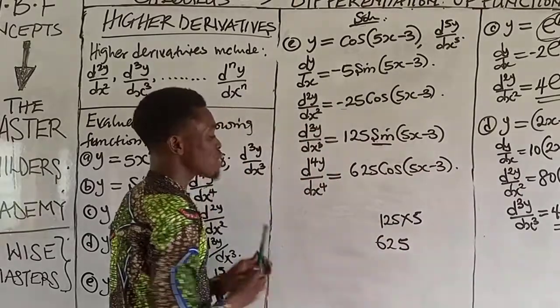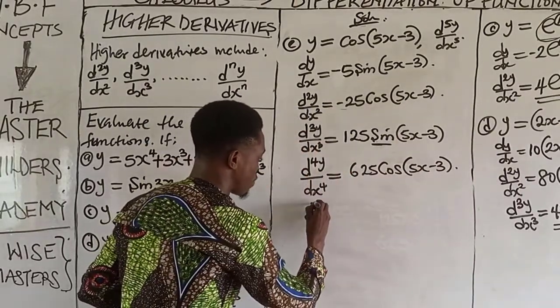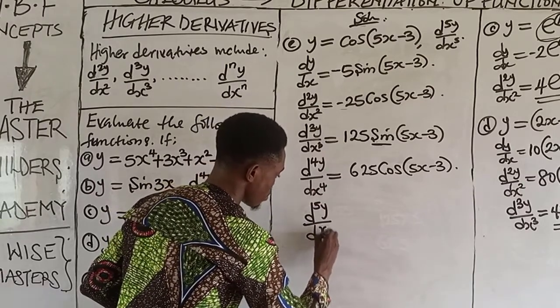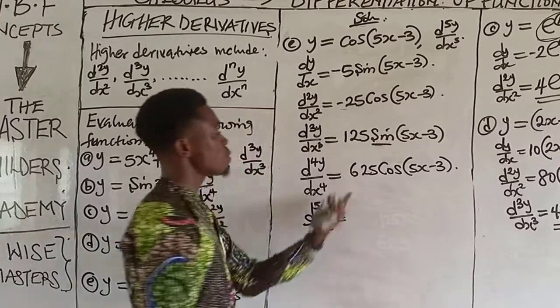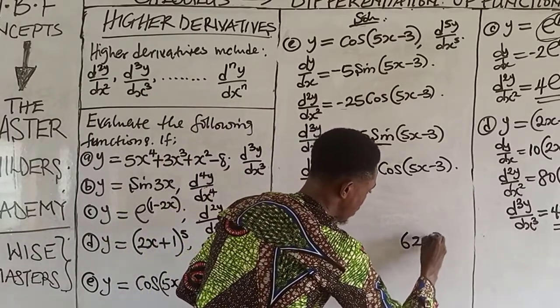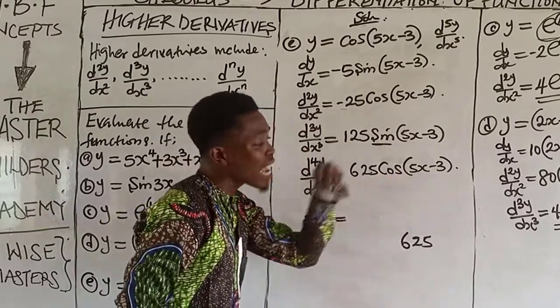Then finally, since we are looking for the fifth derivative, all we simply need to do is to differentiate the fourth derivative so we can get the fifth derivative. This is possible by first putting down the coefficient of the derivative. Now when we differentiate 5x minus 3, we have 5.